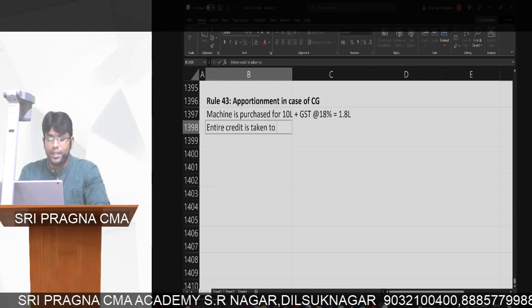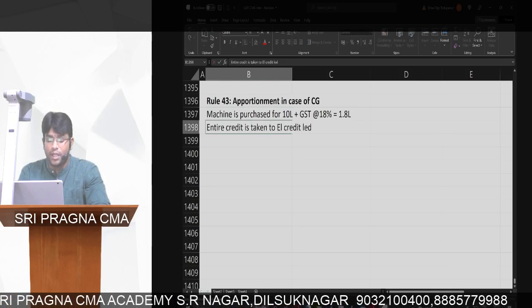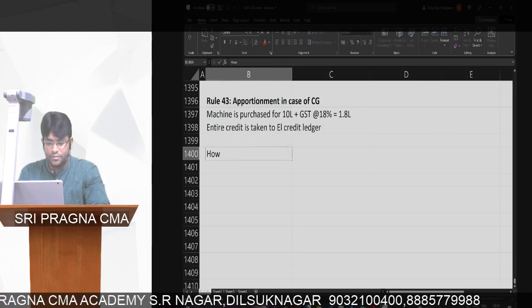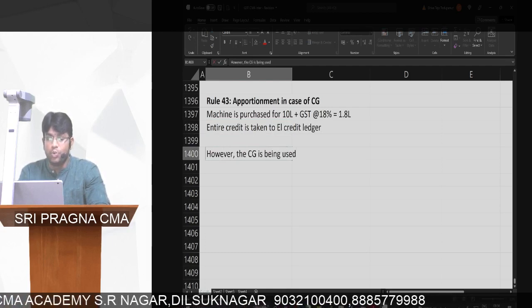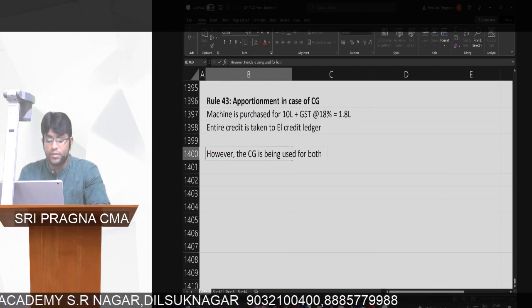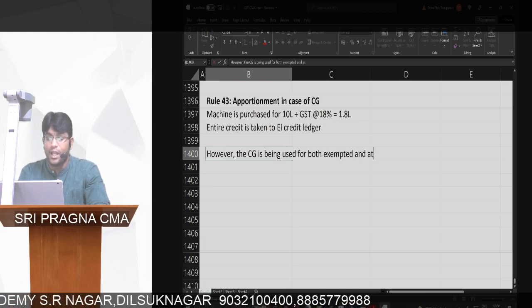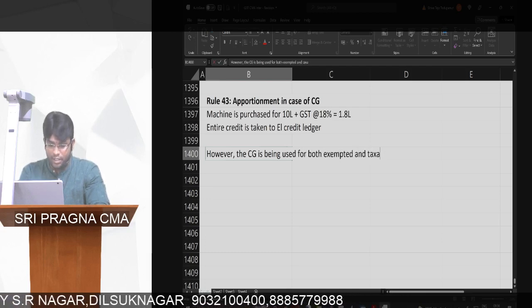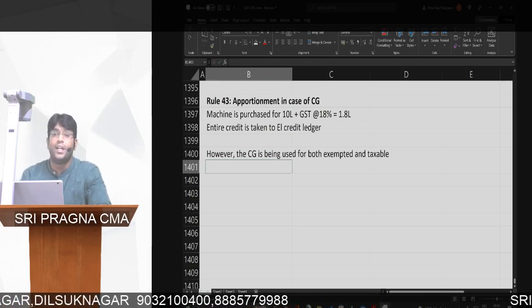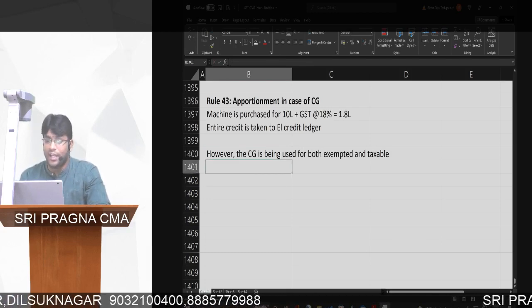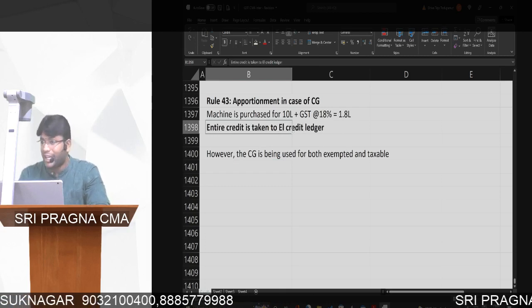Entire credit is taken to the electronic credit ledger. However, the capital good is being used for both exempted and taxable. I repeat once again, the capital good is being used for both exempted and taxable. Then what is the law telling? The entire credit is already taken to the credit ledger, right?